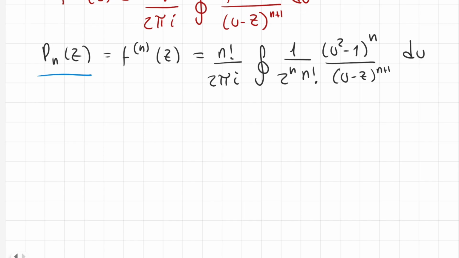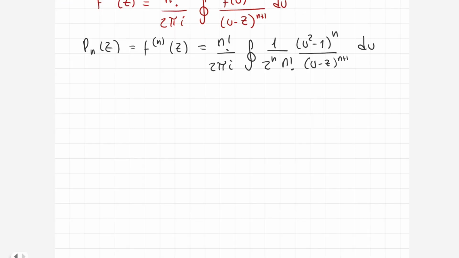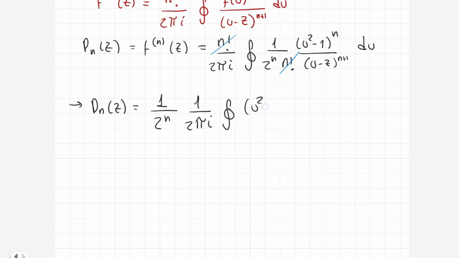Okay, so with this, we see easily that this n! can cancel with this, and we are able to write that P_n(z) is equal to 1 divided by 2^n, taking this out of the integral, and then 1 divided by 2 pi i, the contour integral of (u^2 - 1)^n divided by (u - z)^(n+1) du.